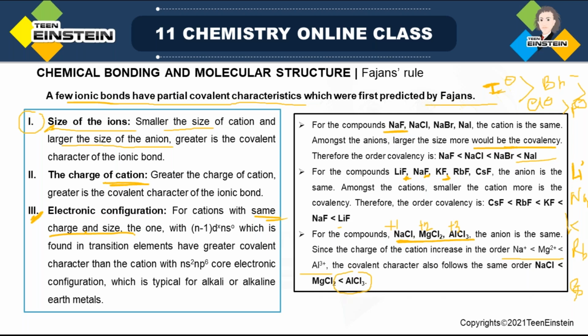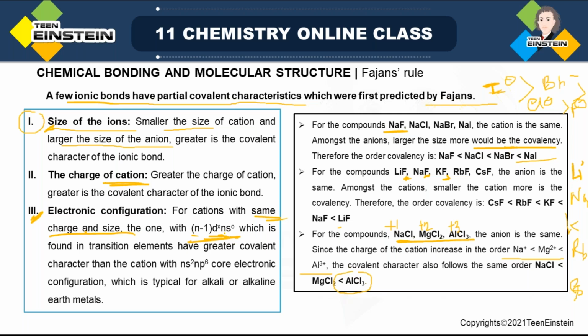Because all these are parameters, and you are comparing the third parameter, obviously the first two parameters you have to fix. So you have taken two cations, both having similar charge, and size must be close to each other. Under that condition, suppose one cation has this type of configuration, (n-1)d^x ns^0, where x may be any number of electrons, so x is written in a general way. I have not mentioned d2 or d3, it may be anything. (n-1)d with x electrons and ns.